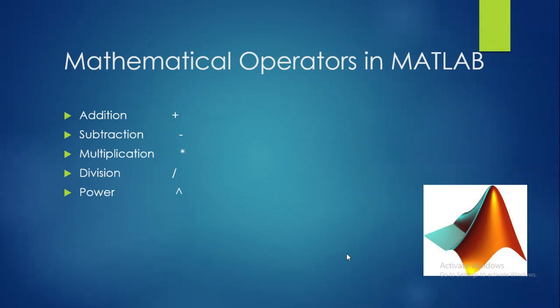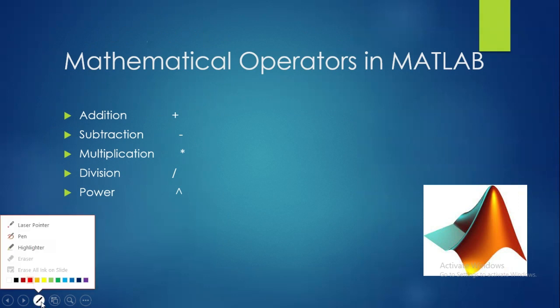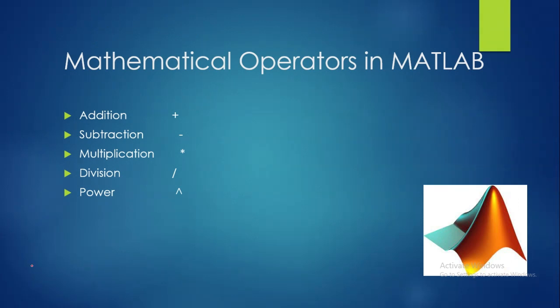Now let's look at the mathematical operators used in Matlab. If you want to perform addition, we use the plus sign. If you want to perform subtraction, we use the minus sign. If you want to perform multiplication, we use the star.